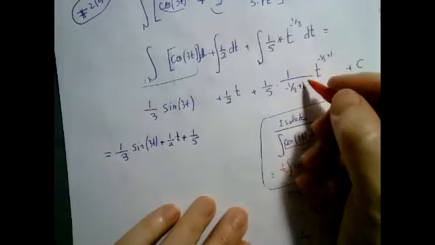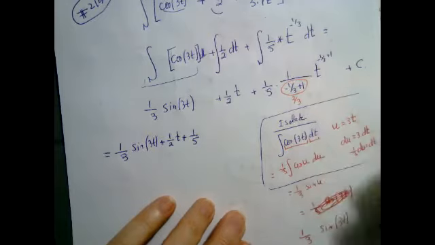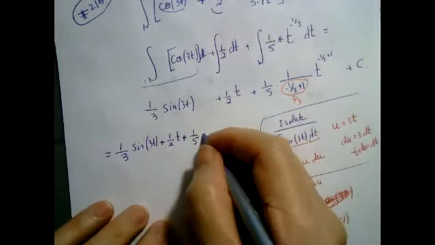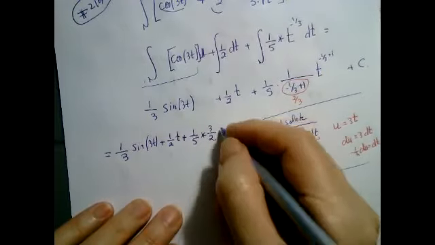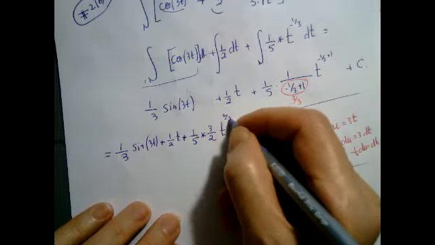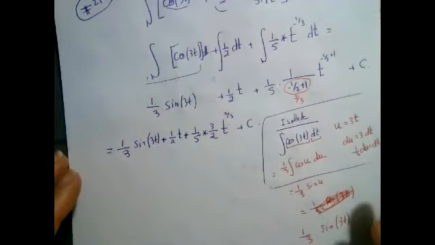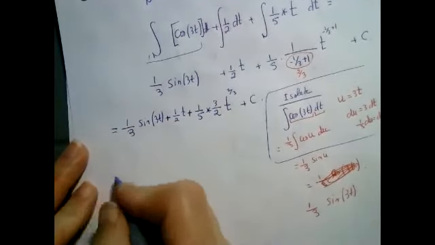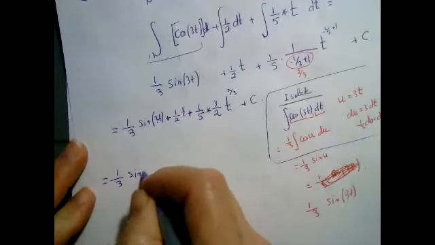Now minus a third plus 1, that's 2/3. 1 over 2/3, so you're going to multiply by 3/2. And then t to the power minus a third plus 1 is 2/3, plus a constant c. And we definitely stop here. There is nothing else to do. I mean, there is one simple thing we can do.